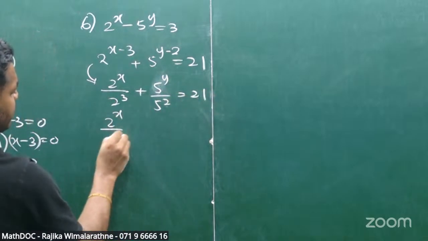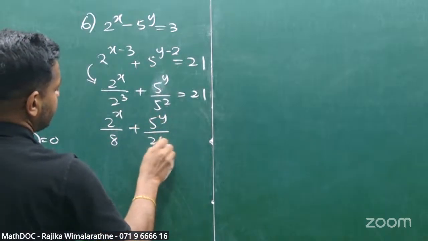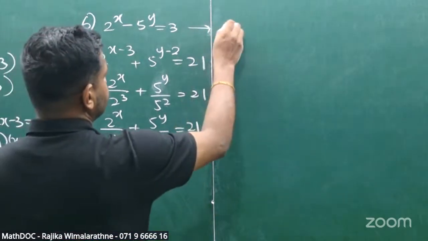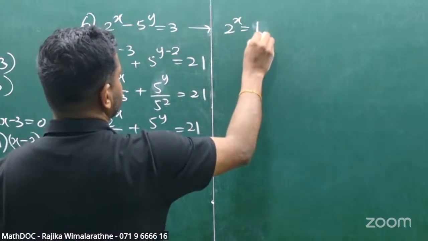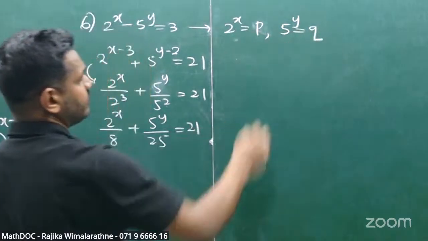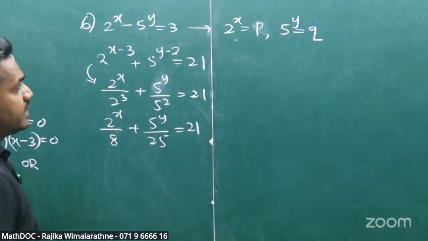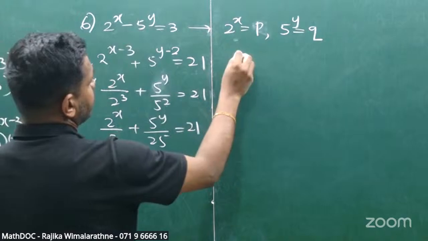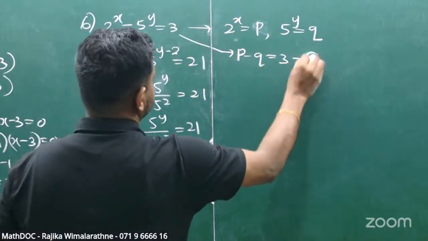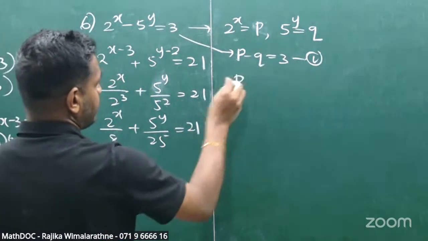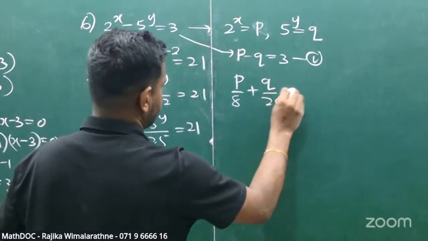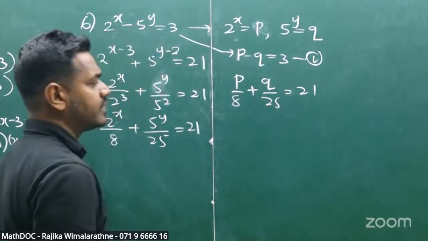Then 2 to the power x divided by 8 minus 5 to the power y divided by 25 equals 21. Then substitute: 2 to the power x equals p, and 5 to the power y equals q. By the first relation, p minus q equals 3, and by the second, p over 8 minus q over 25 equals 21. Okay, now we have a simultaneous equation.